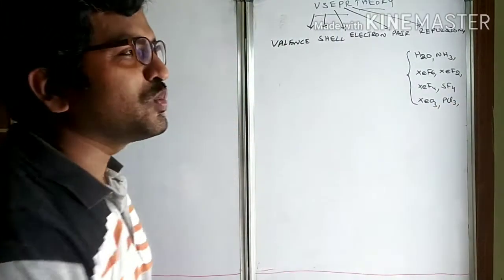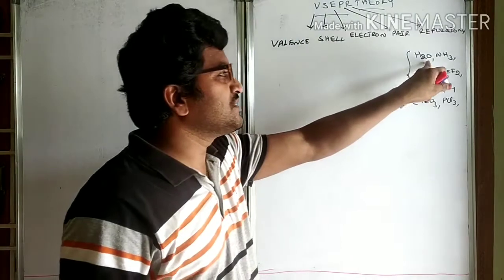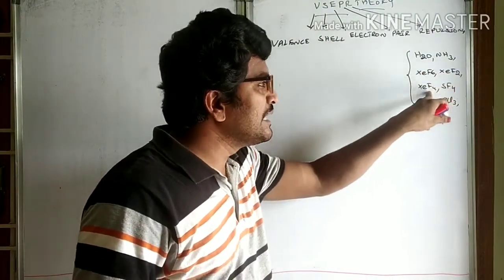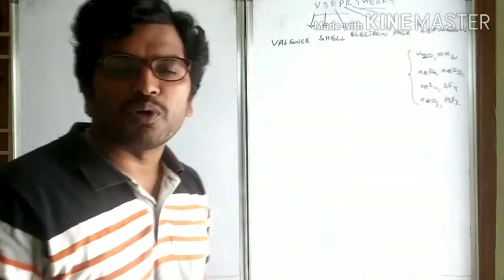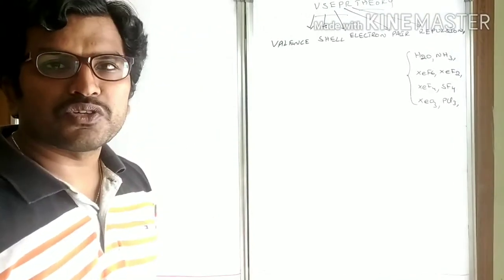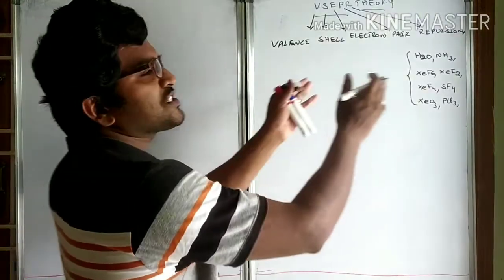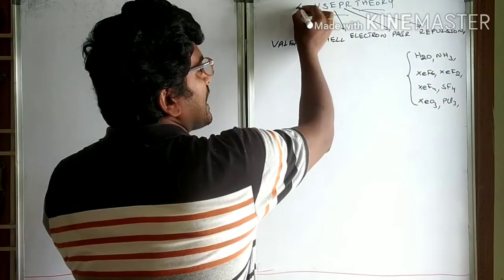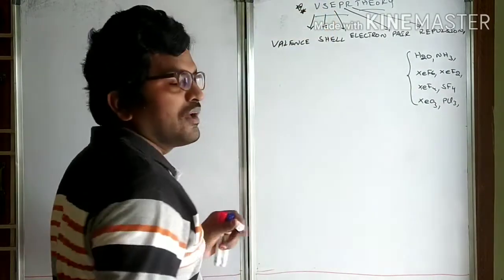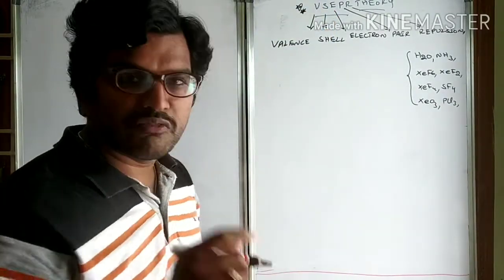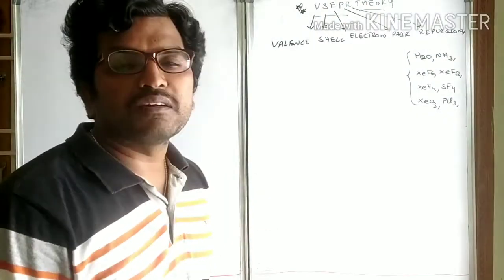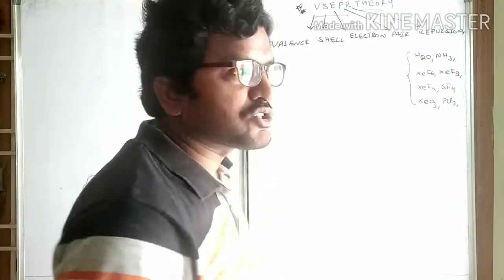There are so many compounds whose structures you can't explain by using hybridization. To explain the structure of these molecules, a little extension was made to hybridization, that is nothing but the VSEPR Theory.